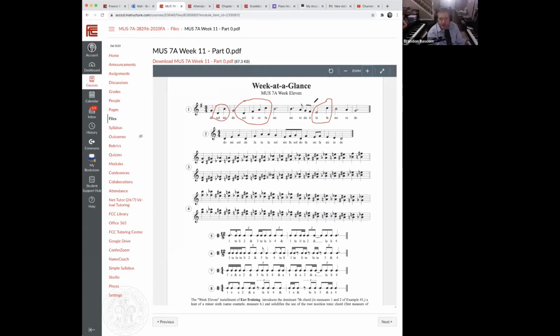You'll learn that today and remember it for the rest of your life because we'll be using it a ton. Sol, ti, re, fa is the solfege for a dominant 7th in a major key. Yeah? Because we're in G major, and this starts on D, which is our sol. Are we ready to rock?